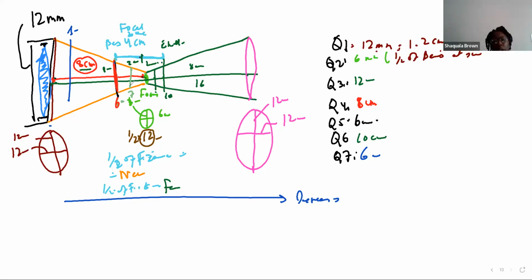I think I got confused because when we divided the 12 millimeters, I already thought the focal point was 6, but apparently not. It is 6 millimeters, but that's not what it's asking you. That was the diameter of the beam, how wide and tall the beam was, and not how far it is. Got it. That's something I was getting confused from.